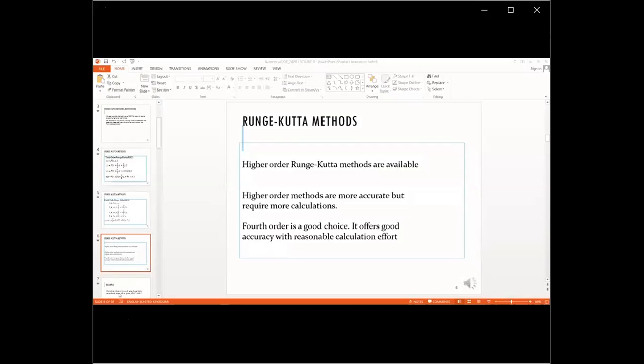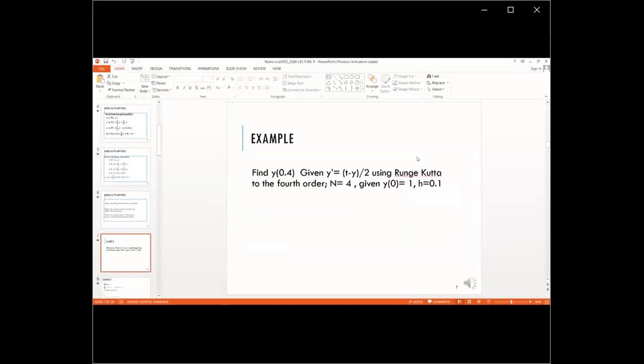So let's take an example. We are asked to find y at 0.4, given that y prime is equal to t minus y over 2, using Runge-Kutta of the fourth order.